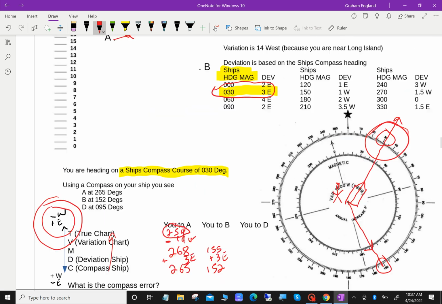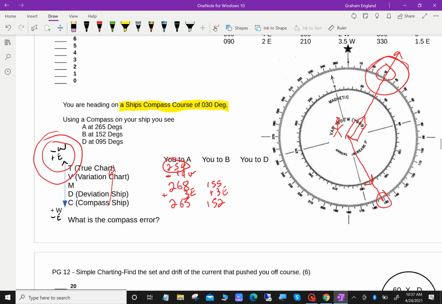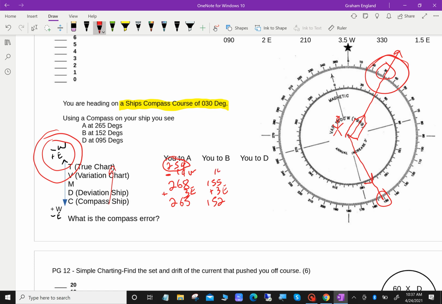I still have a variation of 14 west because I didn't move to another part of the world. I'm always using 14 west when I'm in Long Island. So it's 14 west and going up, that's a negative. I subtract it.